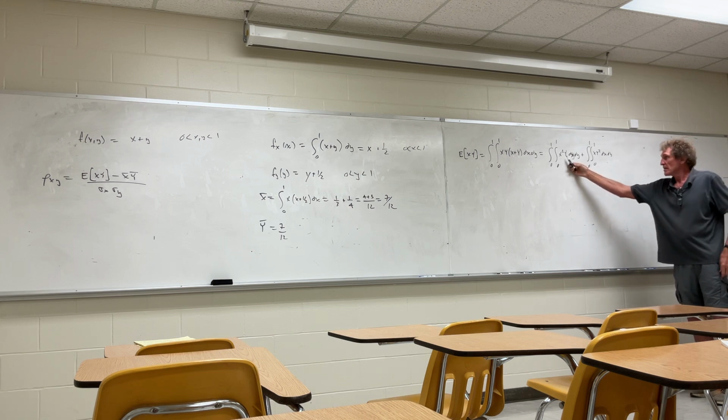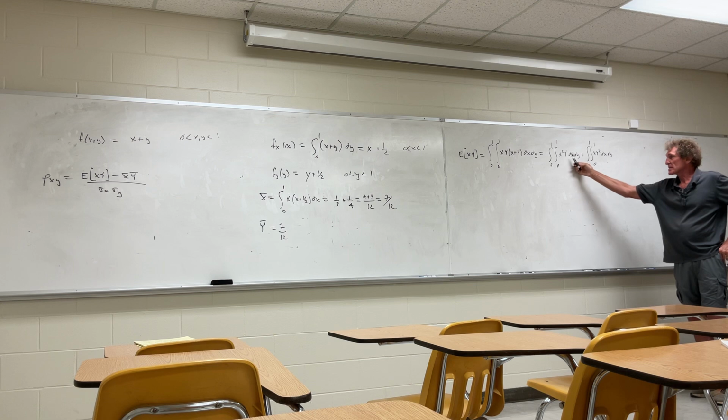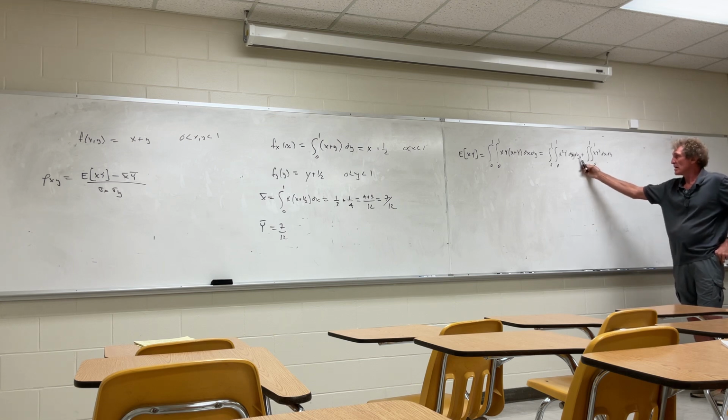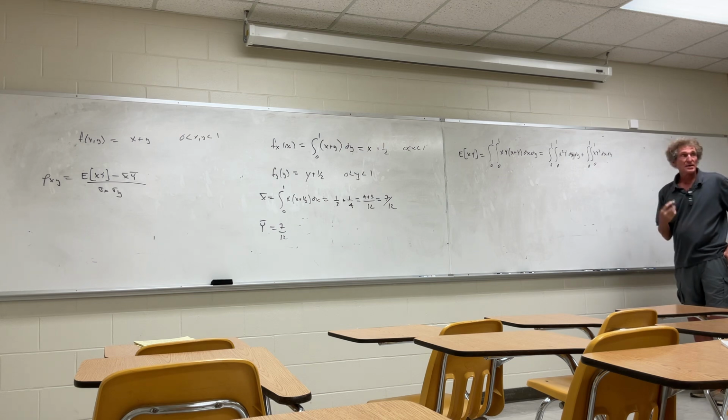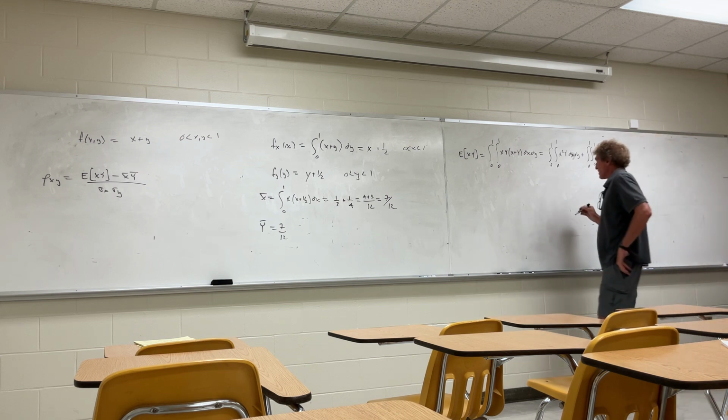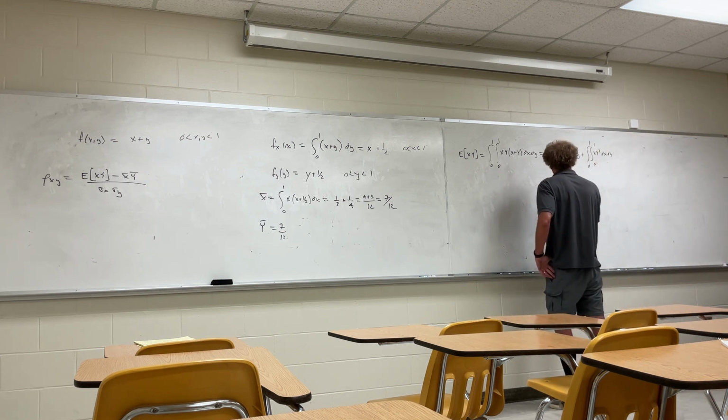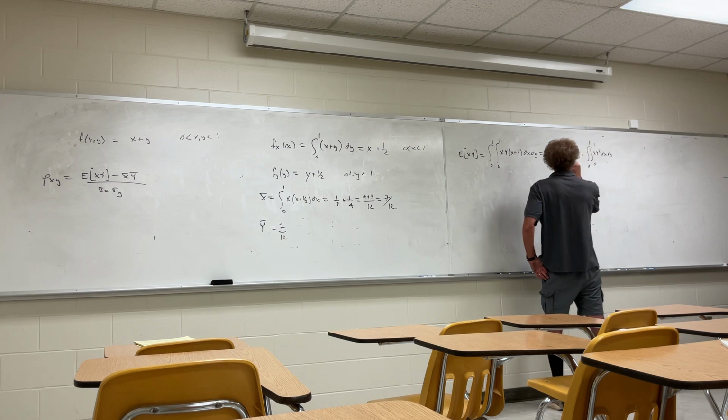Take a look at this. We have x squared dx, y dy. Over here we have y squared dy, x dx. Switch x for y and you get the same thing. So I'm just going to get one of these and multiply by 2. So it's 2 times, and when I do this integral, I take x squared dx, I get x cubed over 3, from 0 to 1 is 1/3.